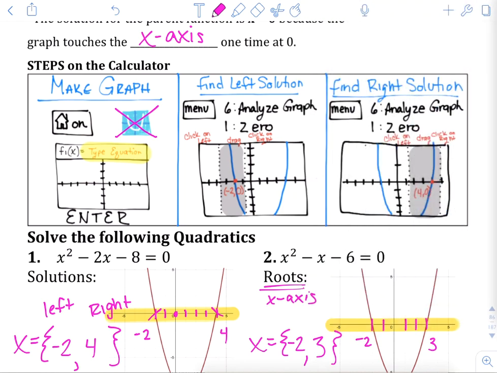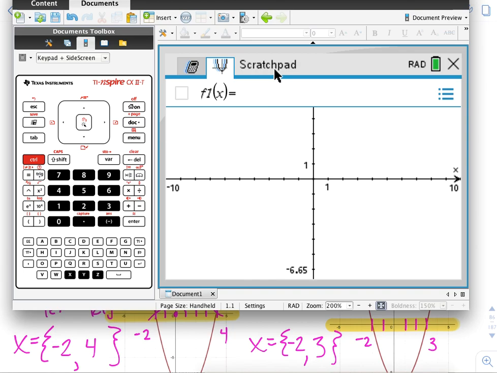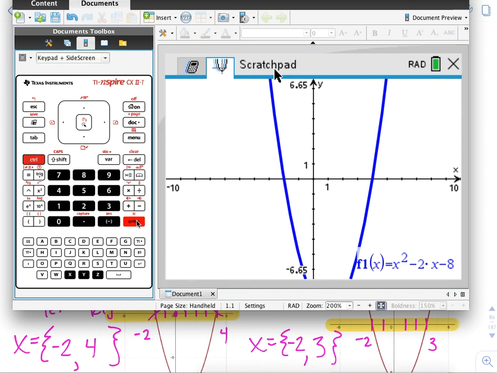All right, second thing we're going to do is type in the equation and press enter, okay? So I'm going to pull back in my graph, and I'm going to type in the problem that we did, the exact same one on your paper. We're going to type it in for x squared minus 2x minus 8. Now, I'm not going to type the equal 0 because it already has an equal sign, okay? And then I'm going to press enter.